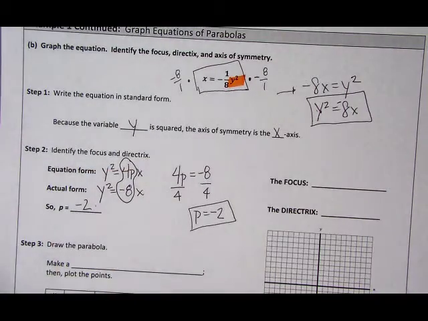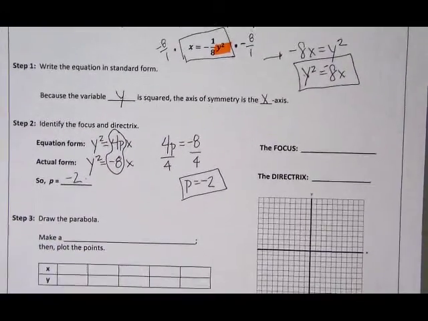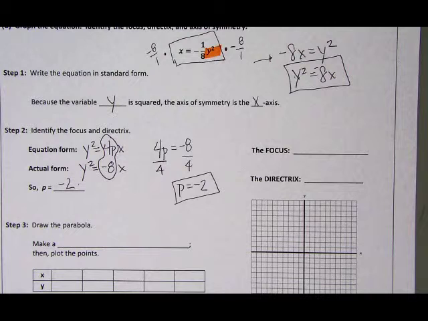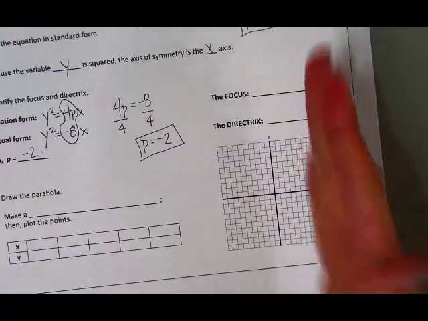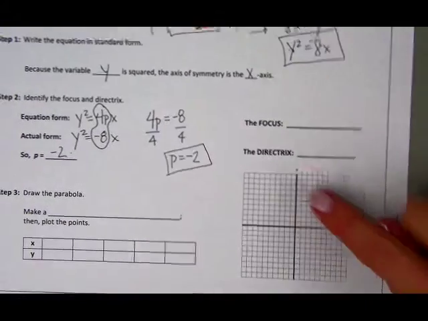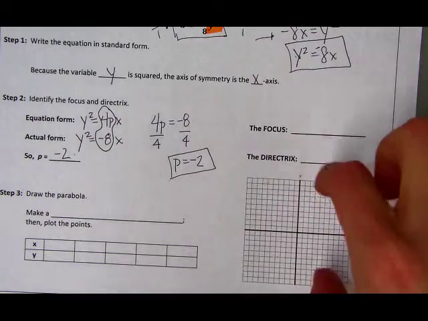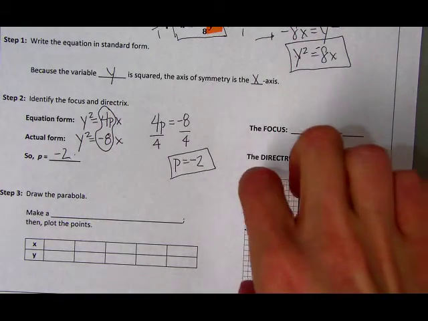Couple quick things that should be coming a little bit more naturally to you as you start working on these problems: y is the variable that's squared. Therefore, your parabola is going to move around your y-axis. So around your y-axis, it slices your graph. Your y-axis slices your graph into a left and a right space, right?